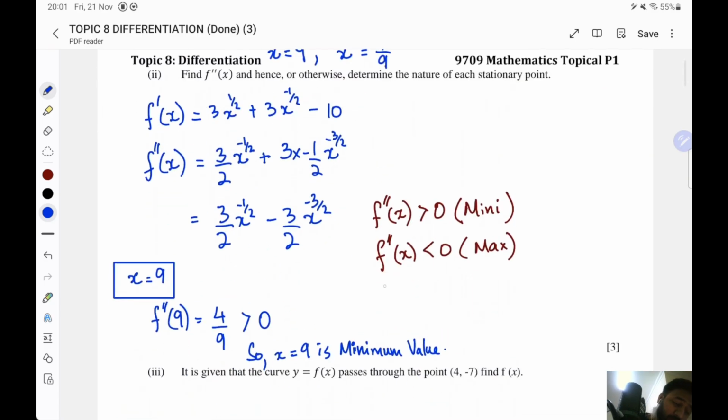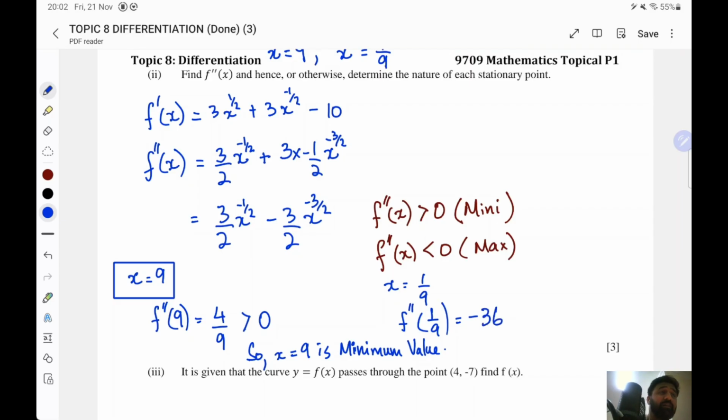Let's see the other one where the value of x is 1 by 9. So if we substitute 1 over 9 in the second derivative, in the same function, yeah, the answer is negative 36.